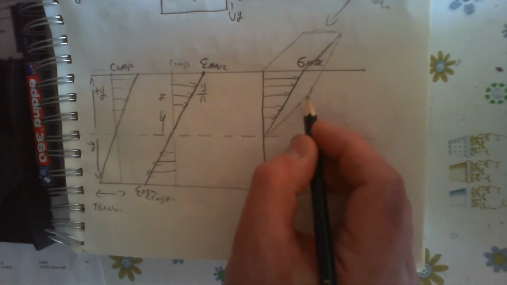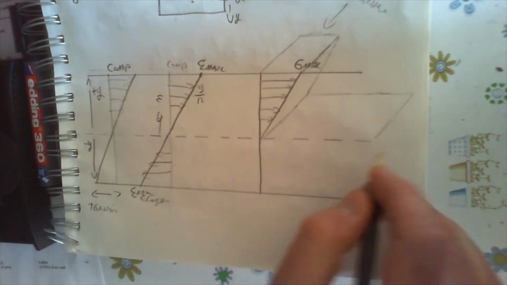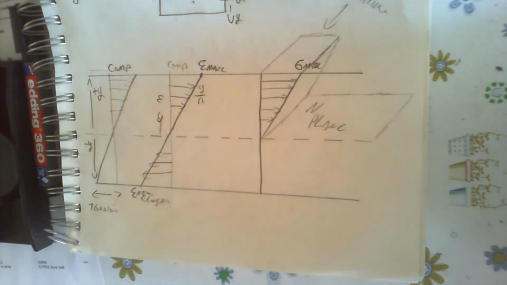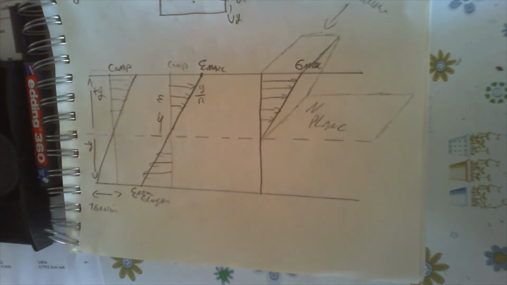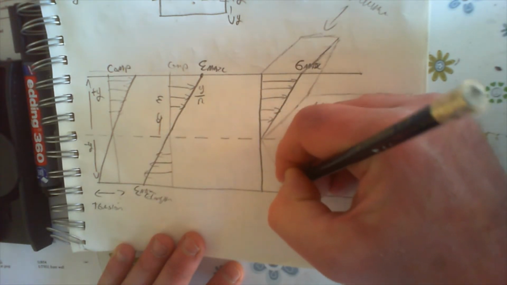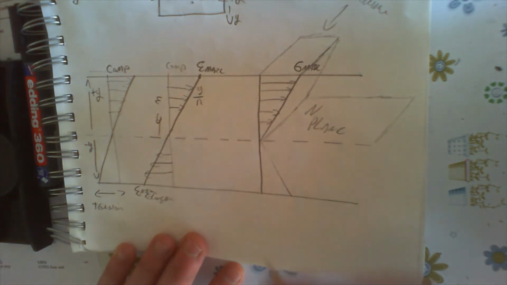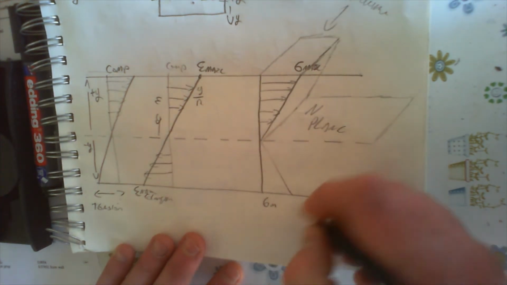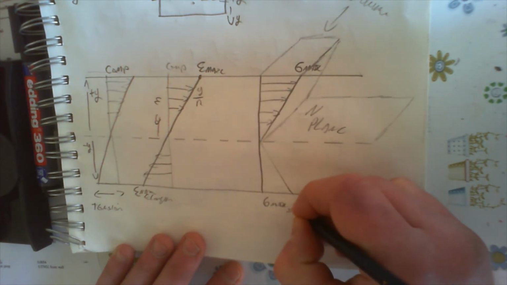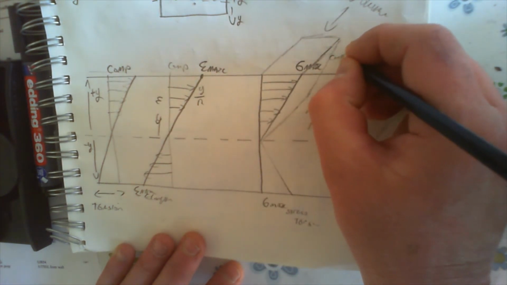And again, looking at this here, this is your neutral plane, with the area there, and below that you get your maximum stress in tension, maximum stress in compression.